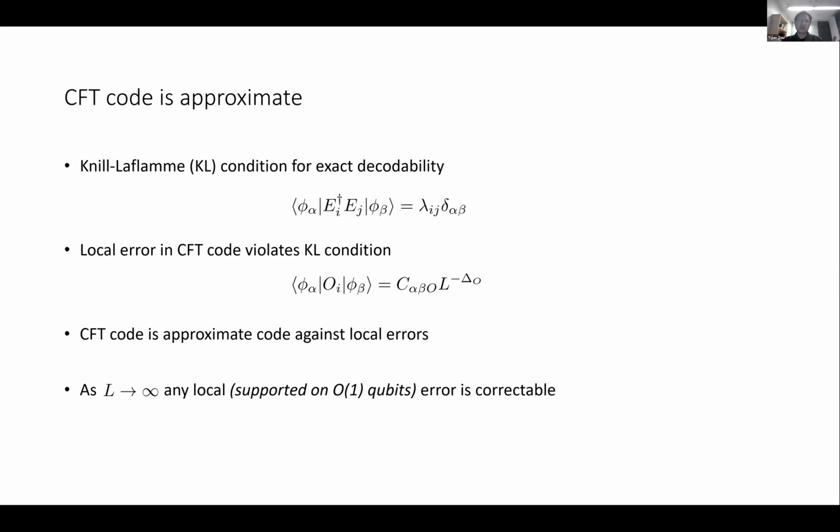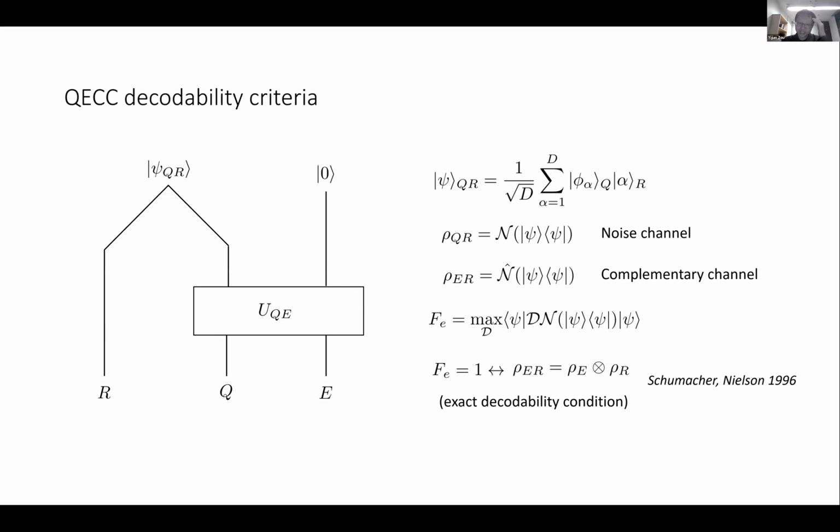Constructing the decoder is of course important, but we first want to know whether in principle a decoder exists or not. And that is given by the so-called decoupling condition, which is very widely used in the quantum gravity community, but was actually first put forward in the quantum information community.